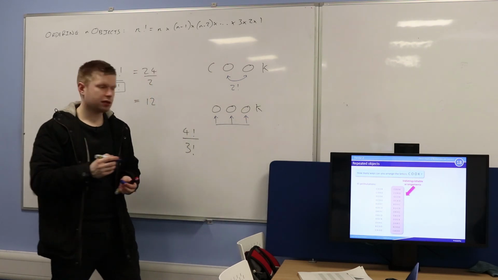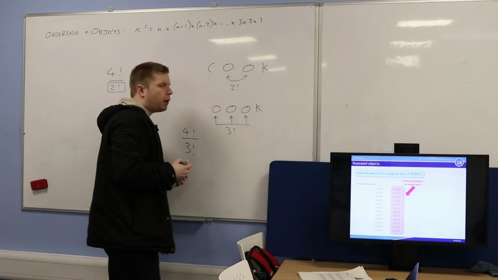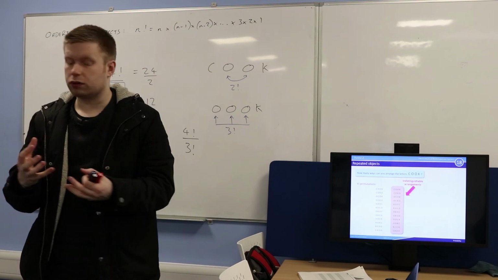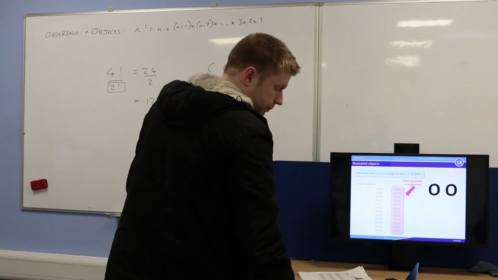Does that make sense? So however many duplicate letters I have, I need to divide by that factorial because I can't distinguish those arrangements. Good.